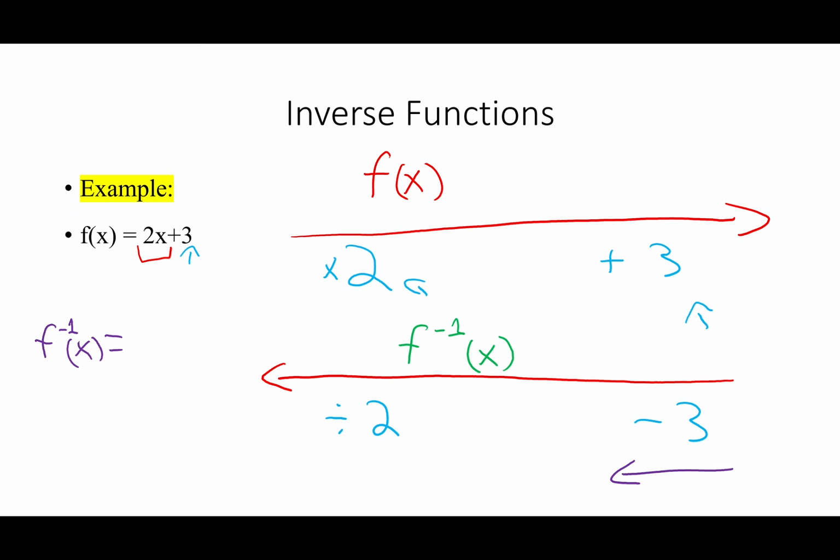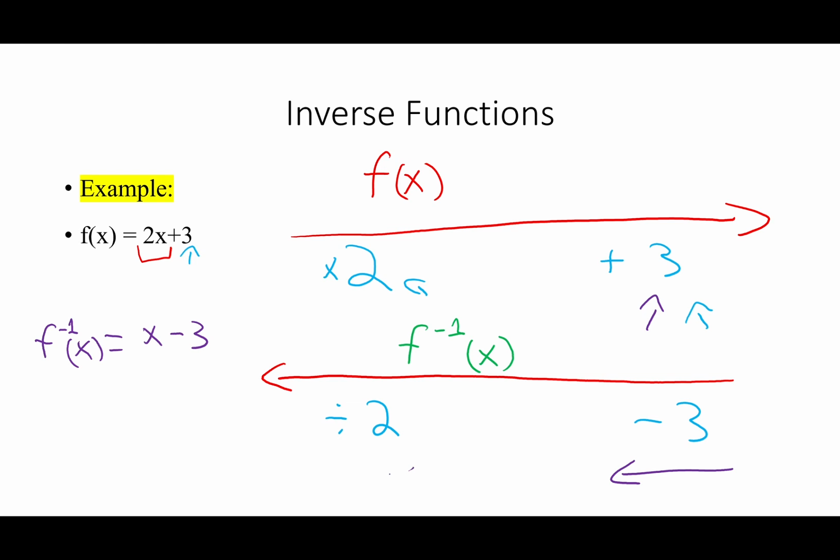We undo the last thing first, so we start with our variable, x. What are we doing to x to undo it? We lastly added 3, so we subtract 3 to undo that addition. So we start with x and we subtract 3.